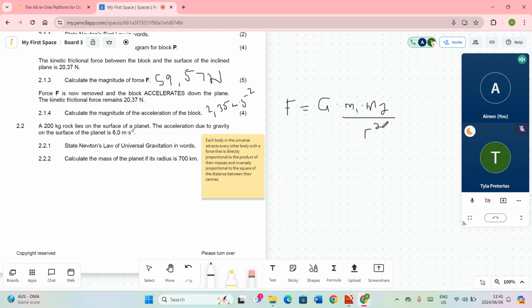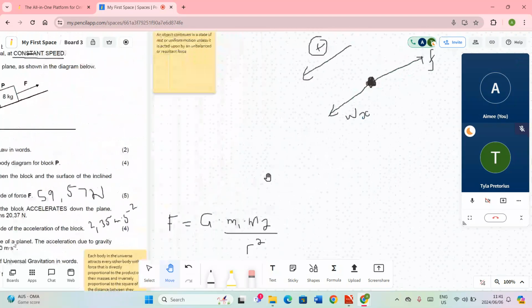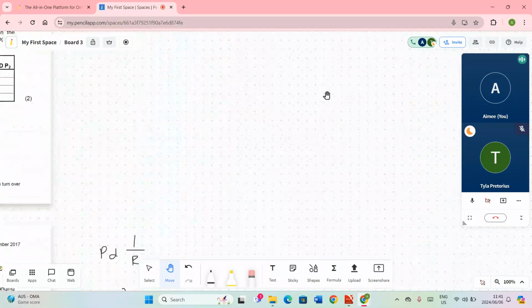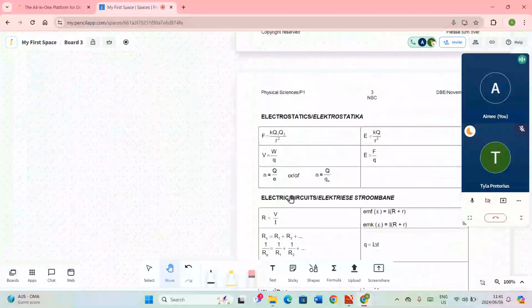Important now, you've got a different gravitational acceleration, so you need to take this into consideration. There is, in fact, a second formula that would make it much easier. This is usually when you've got the mass of planet 1 and the mass of planet 2. But there's a second formula that we use during universal gravitation questions.